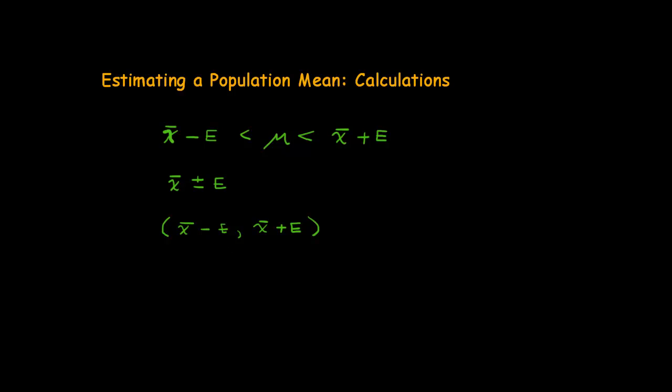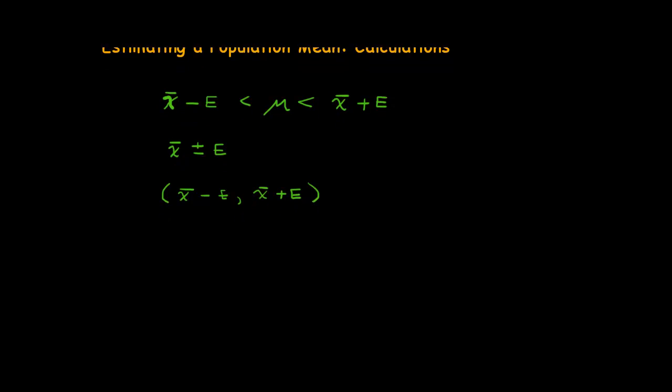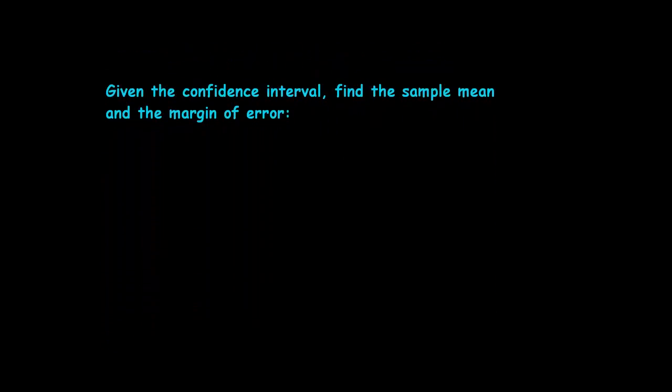Okay, so let's look at how we might calculate x bar, the sample mean, and E, the margin of error, if we're given the confidence interval. So given the confidence interval, how would we find the sample mean and the margin of error?